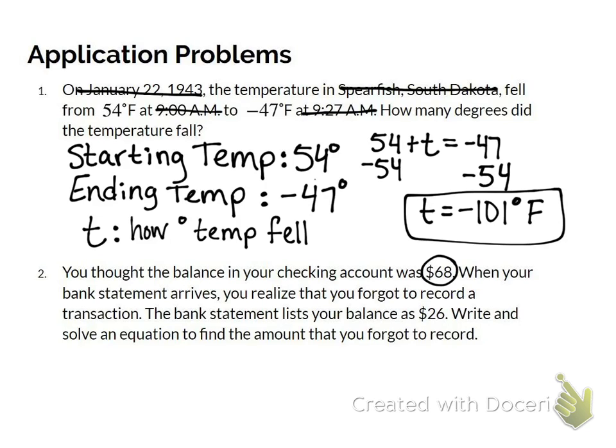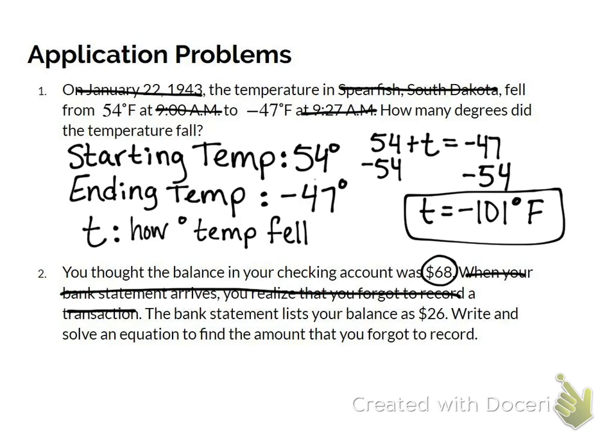When your bank statement arrives, you realize that you forgot to record a transaction. Is there anything in that statement that we're going to use? No. They didn't give us any numbers, they're just giving us a story. So that whole sentence doesn't matter a whole lot, except we're getting the idea that this number is going to change.